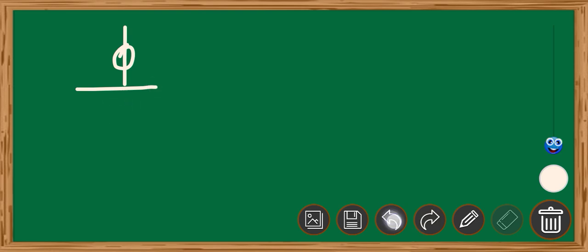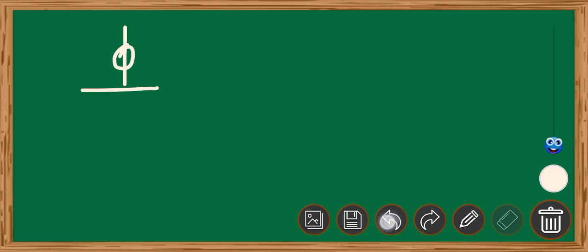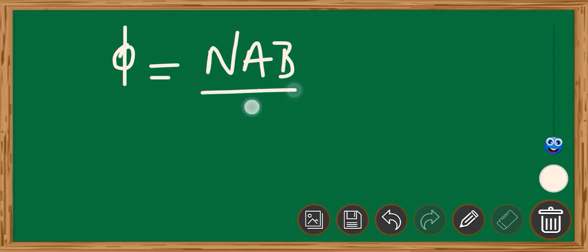So current sensitivity phi by I is equal to NAB by K. So I can take the I to this side: phi equals NAB by K into I.